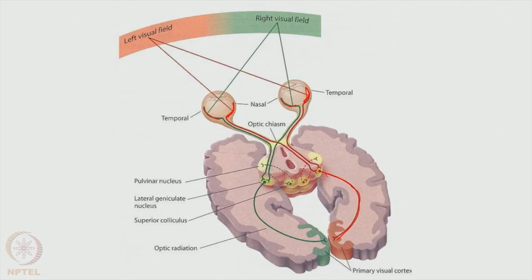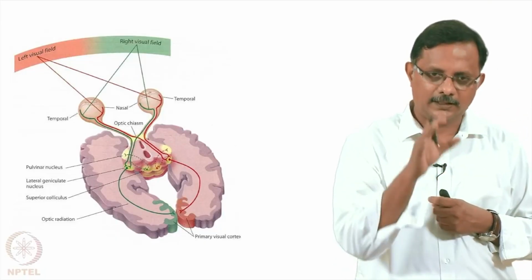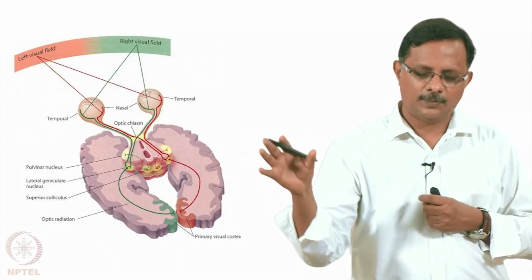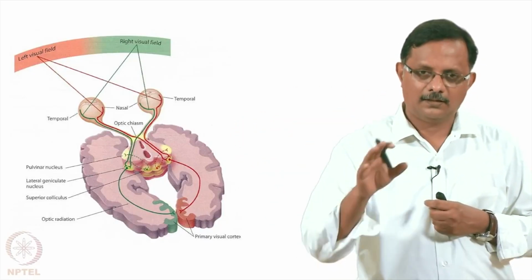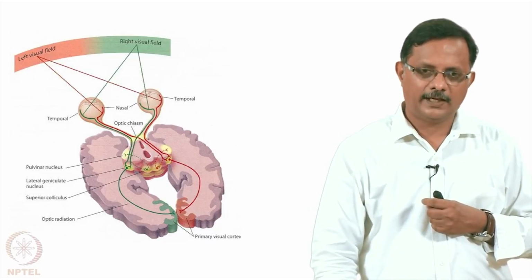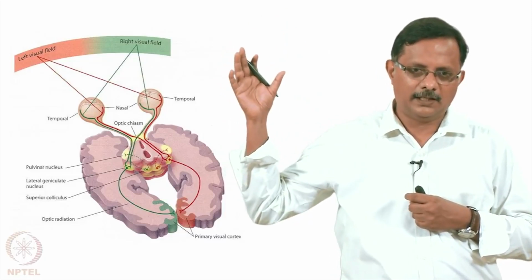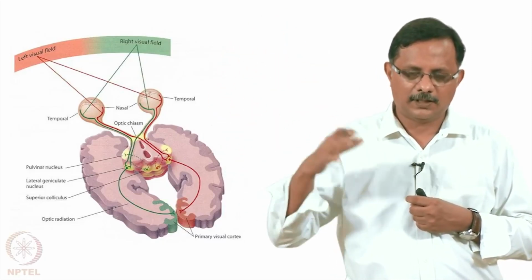So, the information about the left visual field is captured partly in the left eye and partly in the right eye, but both these chunks of information are sent via complicated wiring patterns and combined and sent to the same part of the brain, which is the opposite side, the right brain.